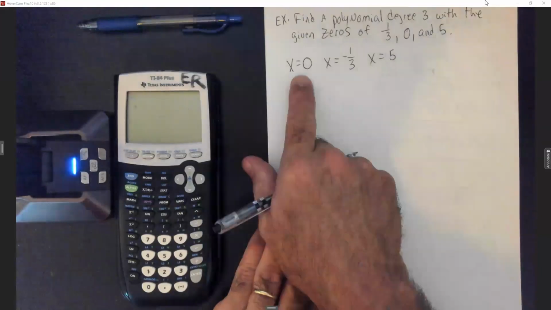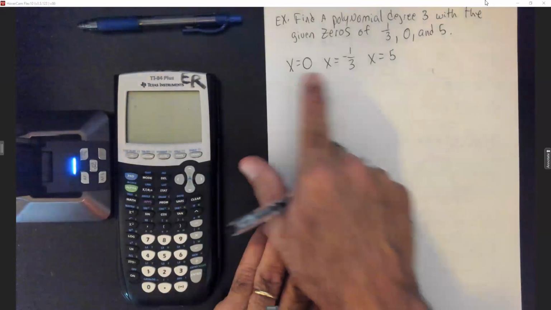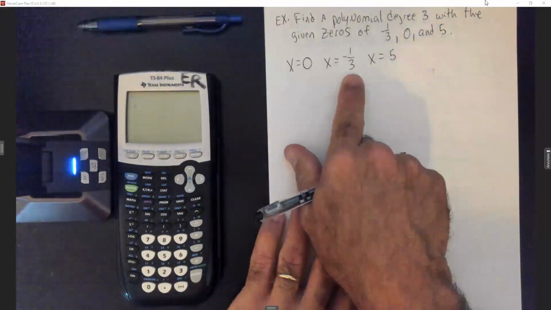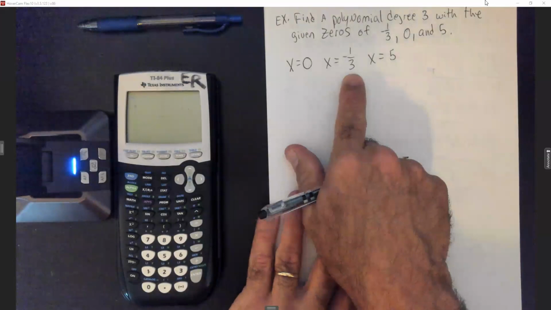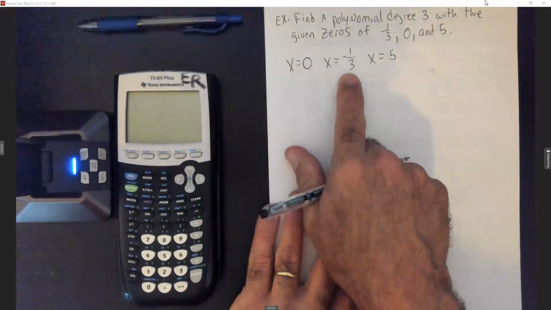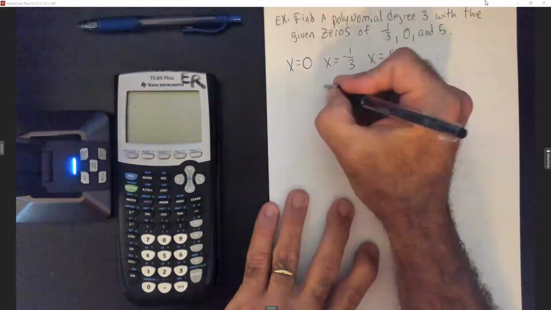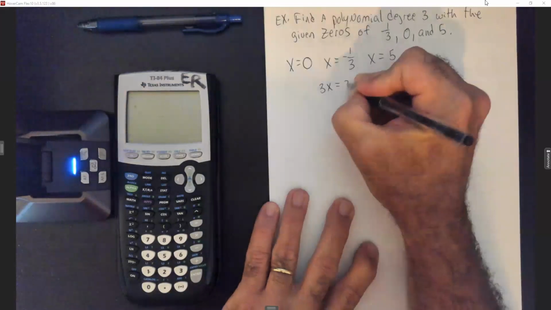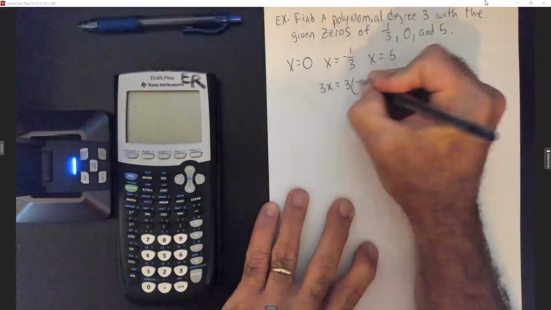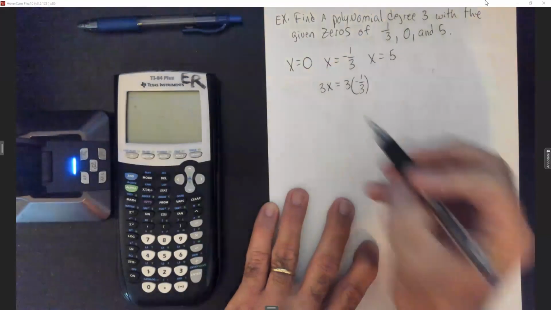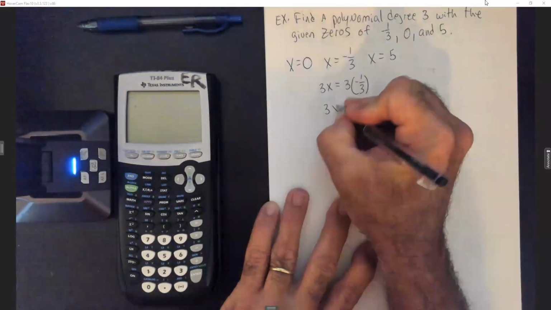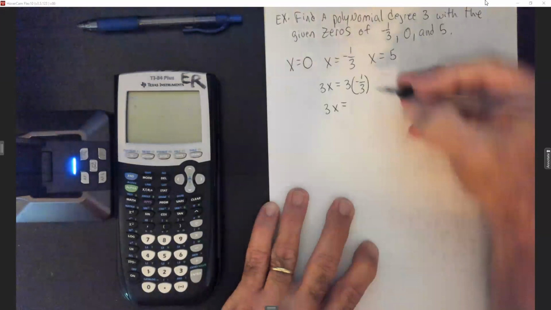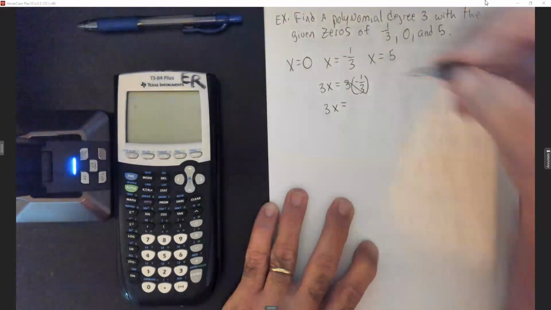That one's solved. But this one, to solve this one, since that's a fraction, my first thing I would do to this is multiply both sides by 3. Because guess what? This gives you 3x. And this side, the 3's cancel and leave you a negative 1.